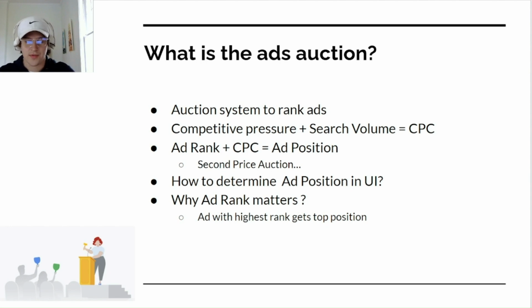So it's really vital that Google is able to qualify every ad using this ad rank. And then that's how you end up determining what your final ad position is. So we're actually going to jump into the UI really quickly just to show you how to determine where your ads are ranking in Google reports.